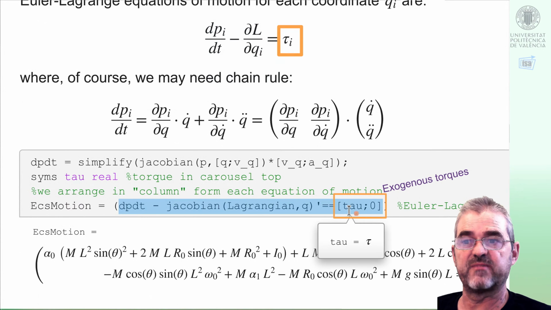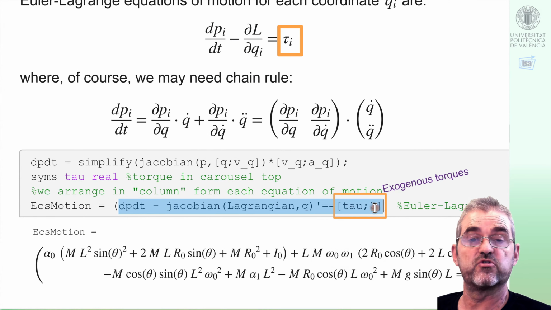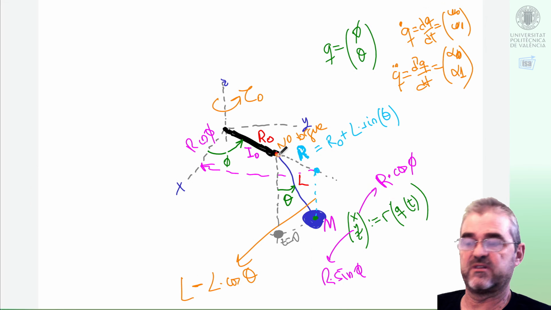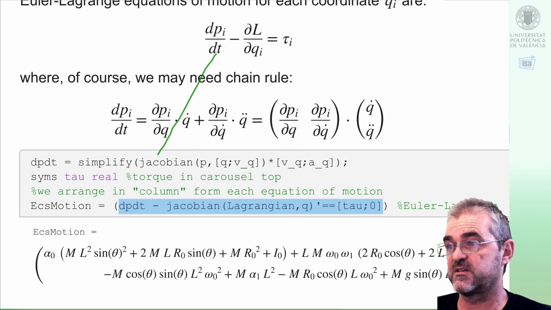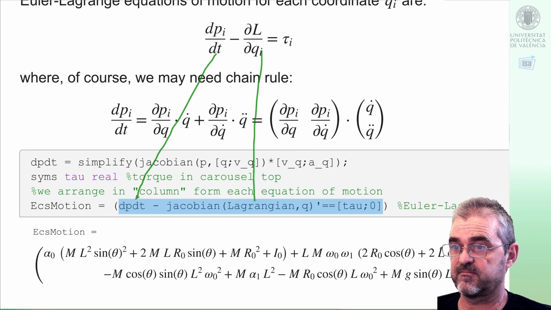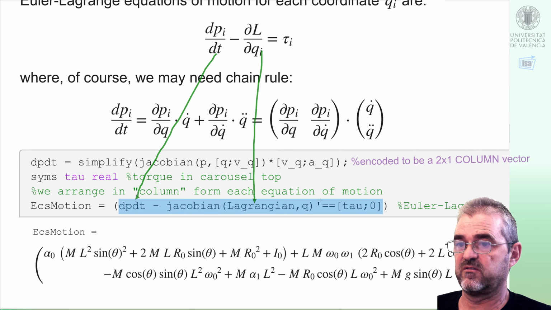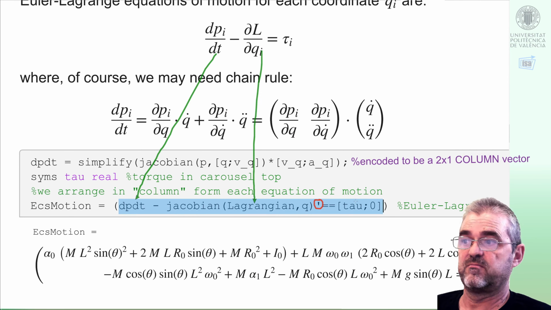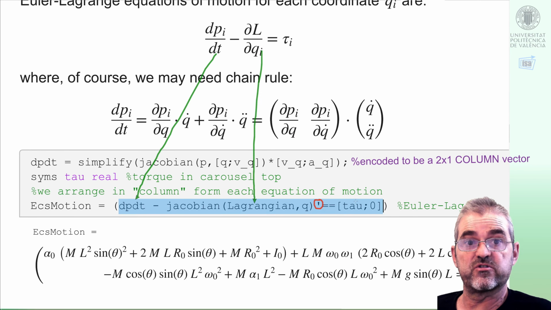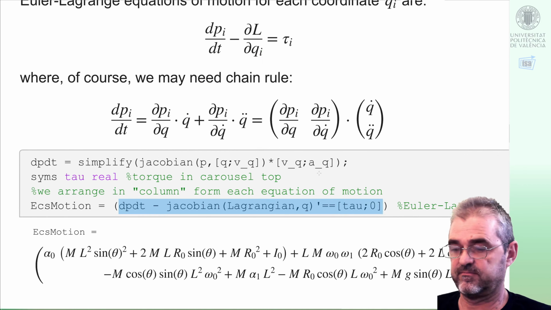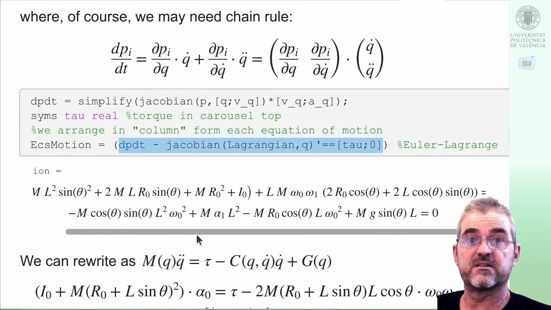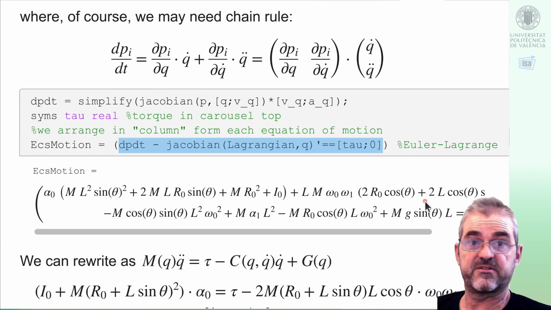First joint I will assume actuated by torque tau, and second joint I will assume not actuated, so no torque in this joint here, and this is this, this is this, and I have some kind of transposed thing here because I arranged things so that the equations of motion are a column of equations instead of a row, but it's nothing important.